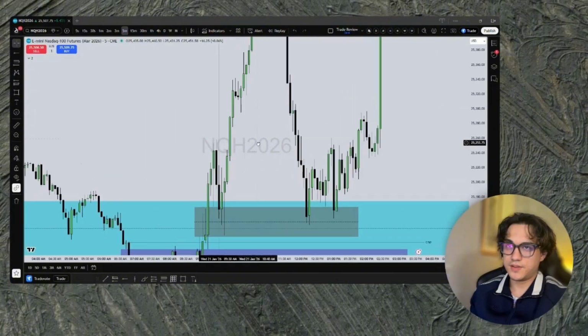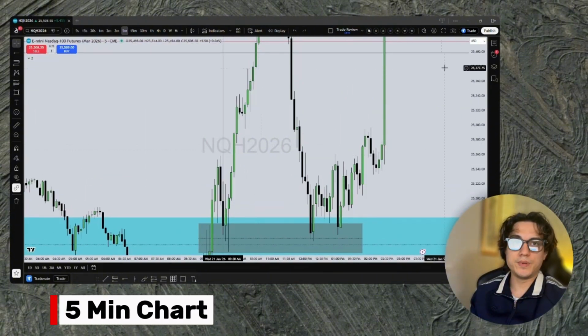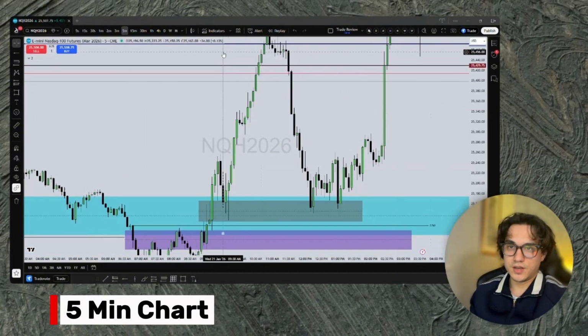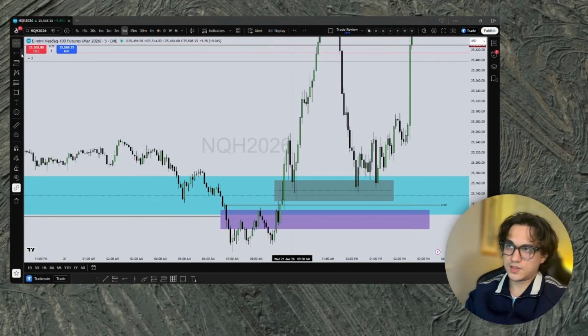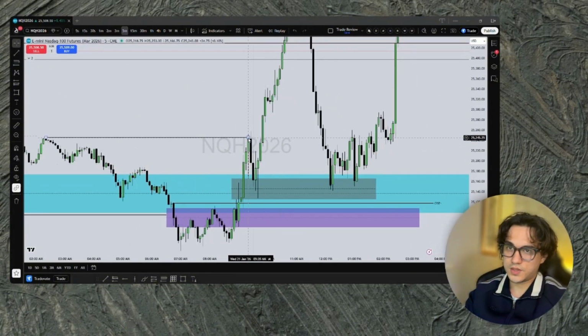Now, let's break this down further into the 5-minute and what happened. On the open of 9:30, we traded up and we took out this minor buy side liquidity here. And inside of that, we formed a small Judas swing to the downside. A lot of people would automatically think, because of this, we are going to short down to our target.